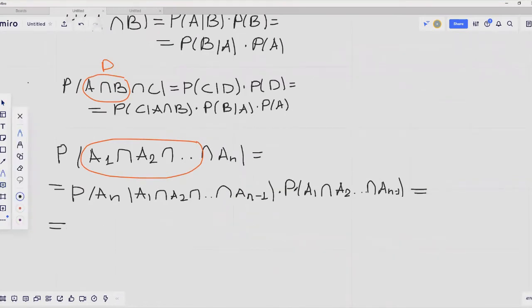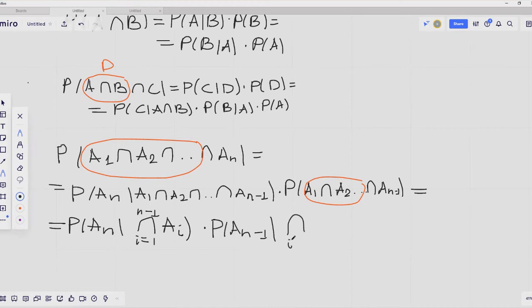All right, from here we might apply the same step as we did here and call these n-2 events now a single event, and we'll have the following product, multiplied by probability of intersection of Ai's from 1 to n-2.